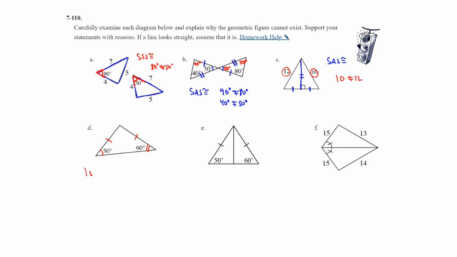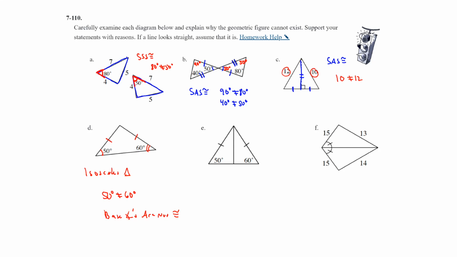So we were looking at potentially having an isosceles triangle, but 50 degrees is not equal to 60 degrees. So the base angles are not the same. Are not equal or not congruent.